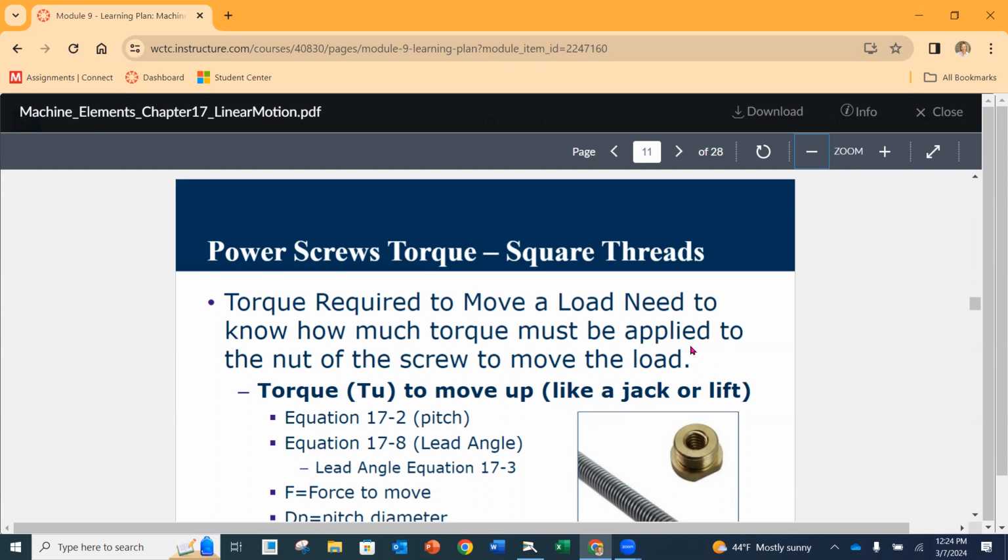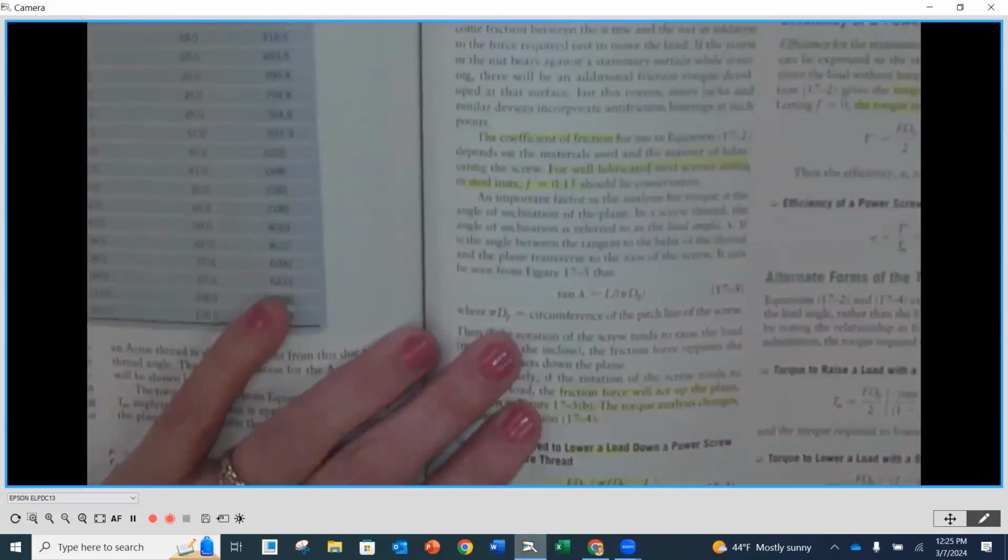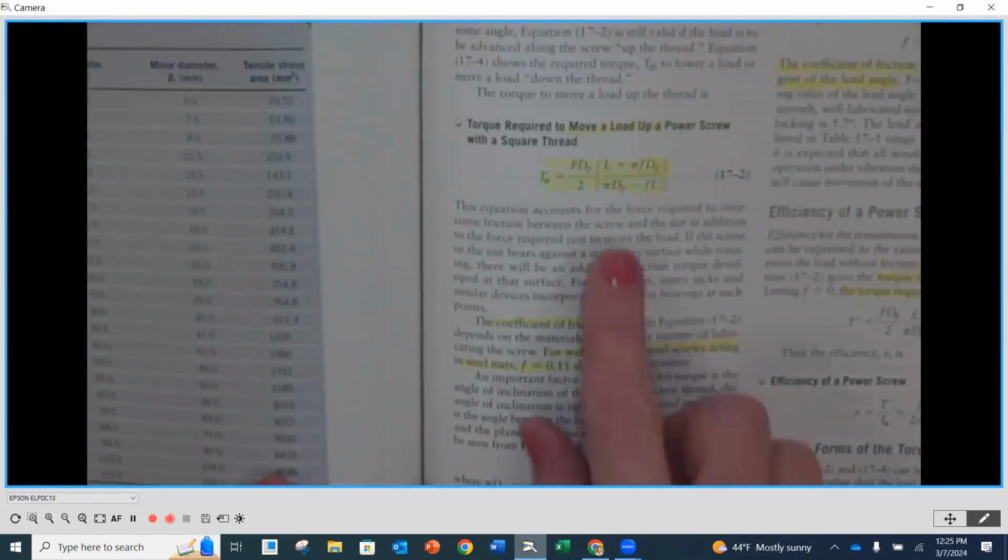The torque we're going to look at first is the torque going up, like that vertical going up. There are a couple of equations here. On page 647, equation 17.2, you'll notice they have this equation for the torque going up.